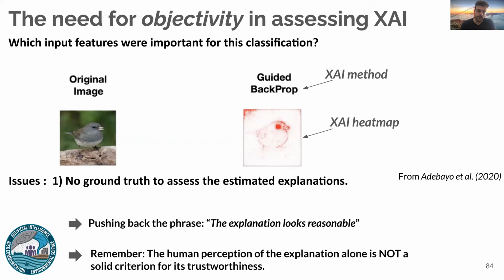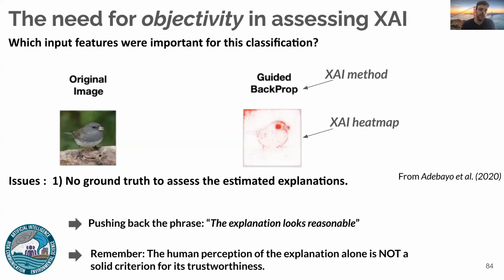And we get an answer that highlights the eye of the bird and the edge of the body of the bird. But my question here, and something for all of us to reflect upon, is how do we know that this is actually correct? How do we know that these are actually the features that the network looked at?